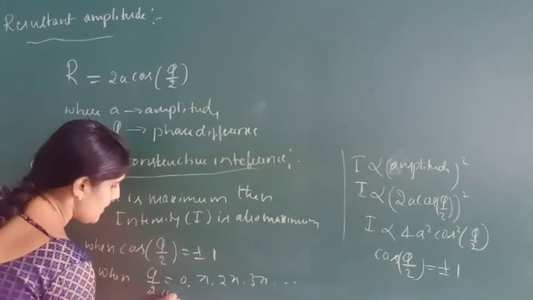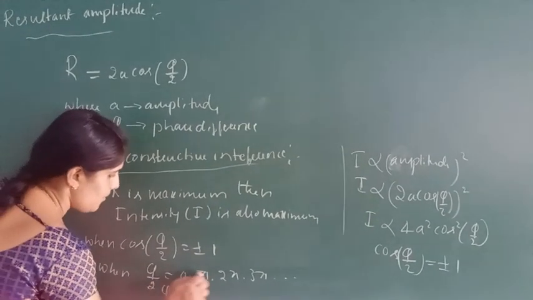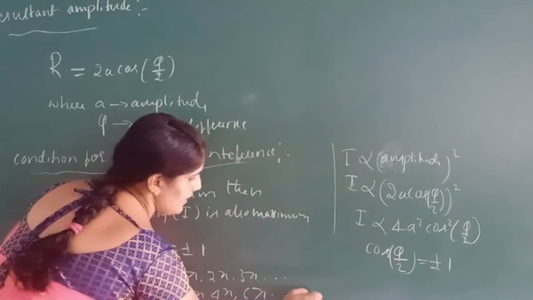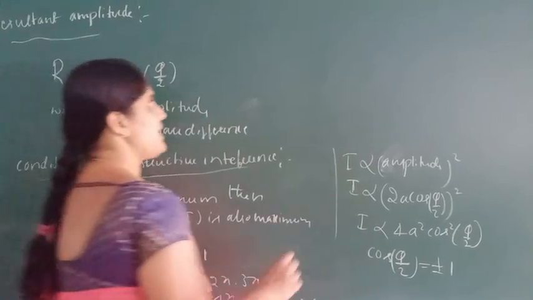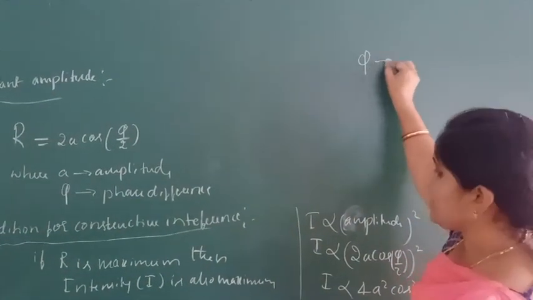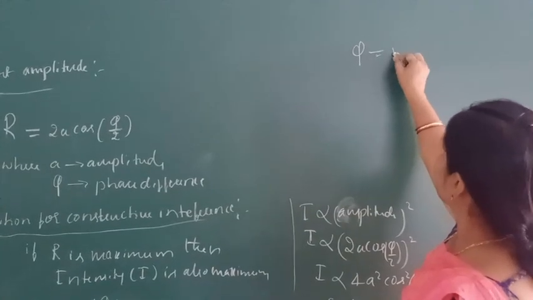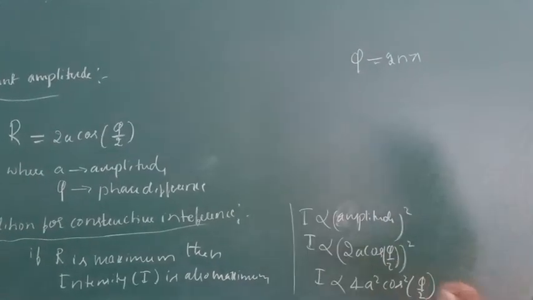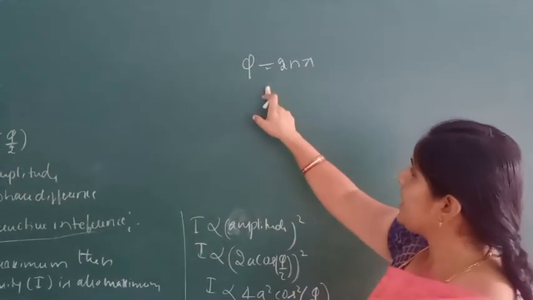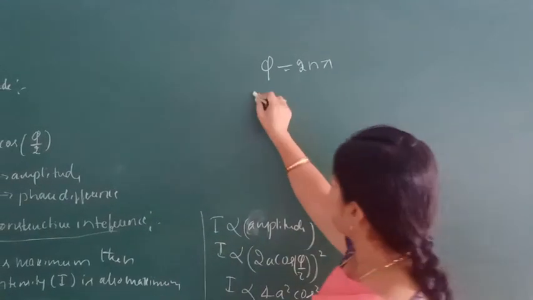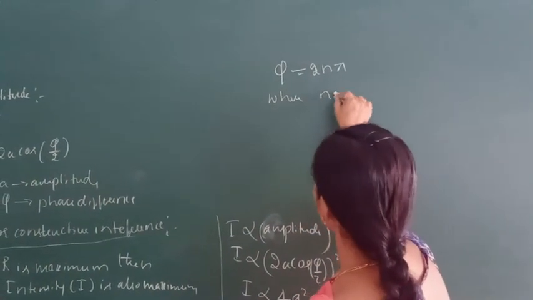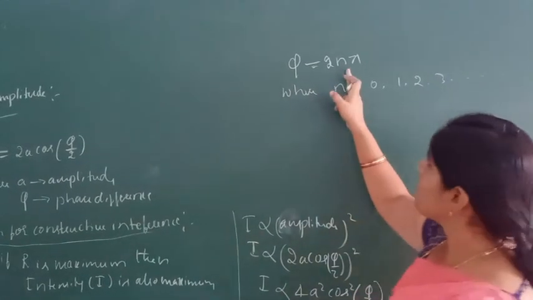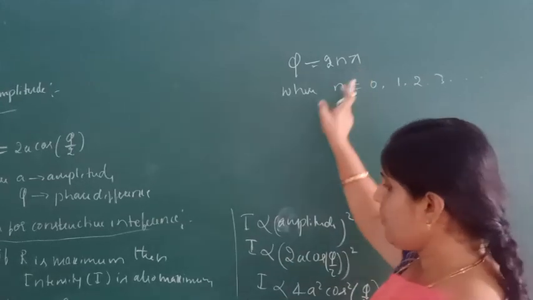Or phi is equal to 2 into 0 is 0, 2 pi, 4 pi, 6 pi, etc. So in general, this can be written as phi is equal to 2n pi, where n is the integer, that is n is equal to 0, 1, 2, 3, etc. If you put n is equal to 0, then you will get phi is equal to 0.